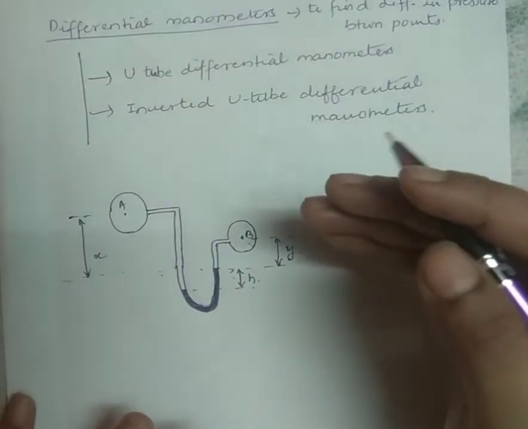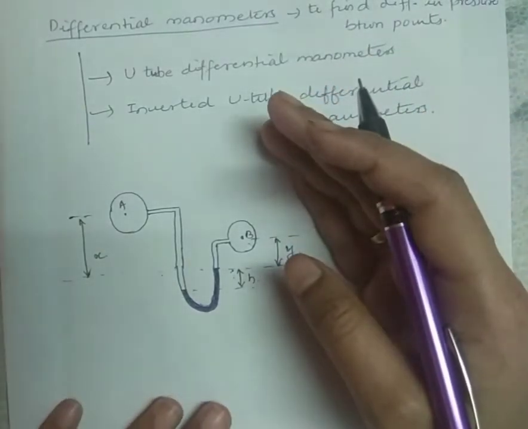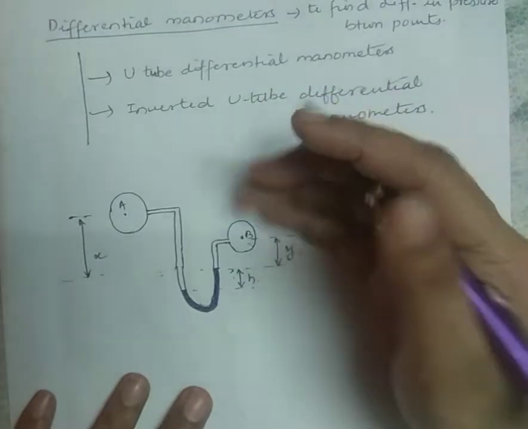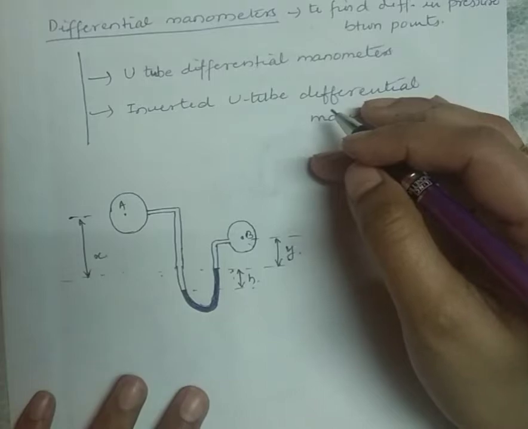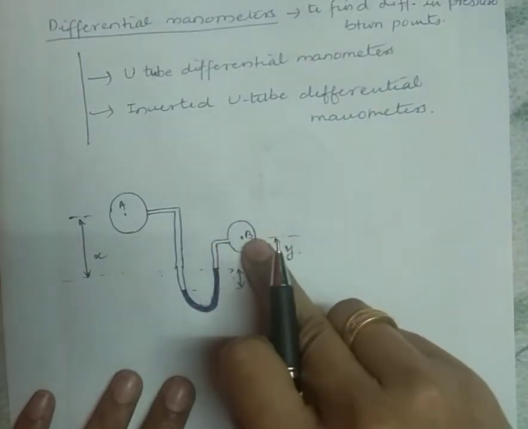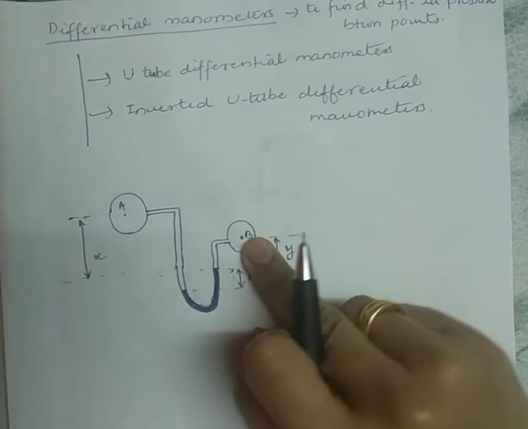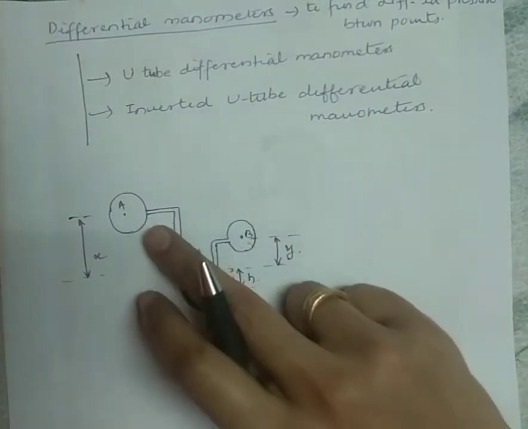In the previous video we came across U-tube manometers, in which one end was open to the atmosphere. But in this case, this end is connected to another pipe. So how can I find out the pressure difference between these two points?